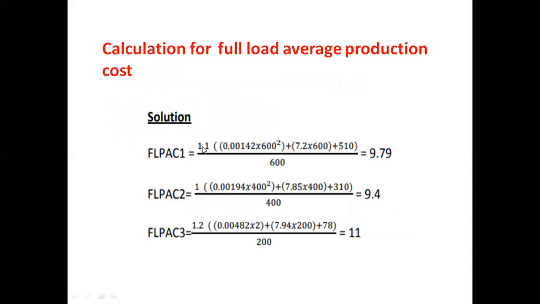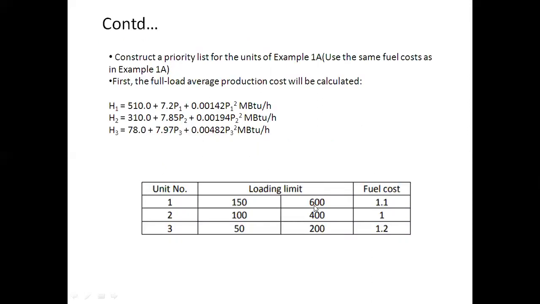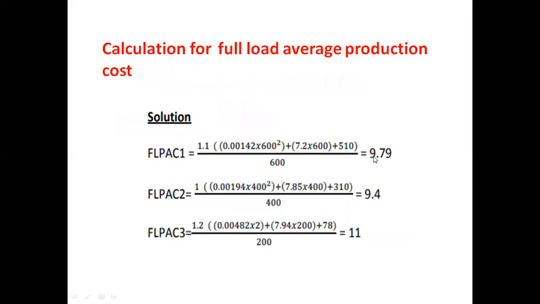So for P1 equal to 600, P1 is replaced by 600 and P1 square is replaced by 600 square. To find the average full load production cost, we multiply the net heat rate at full load, H1, by the fuel cost 1.1 and divide by 600. So we find that the average full load production cost is 9.79.